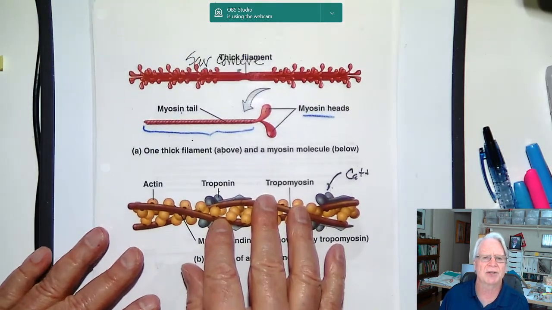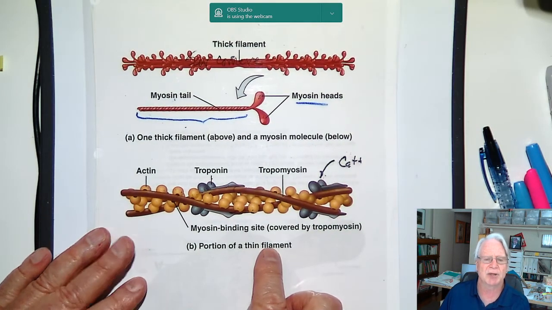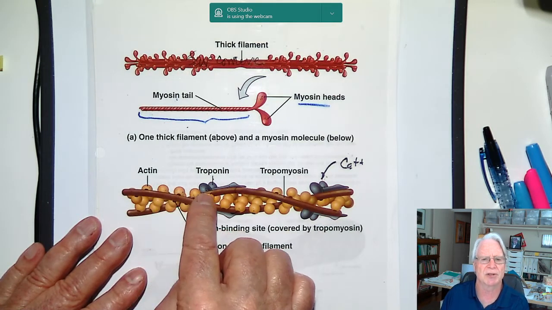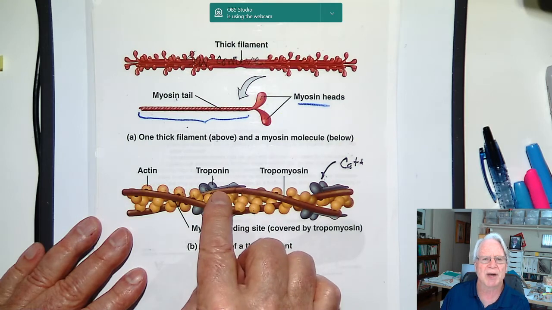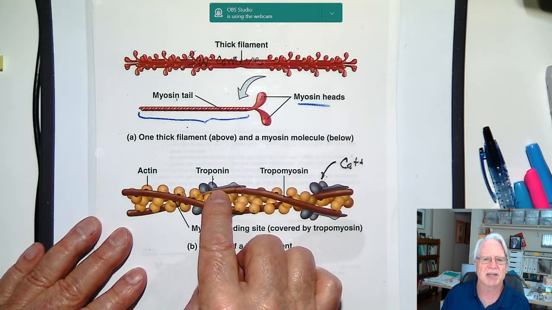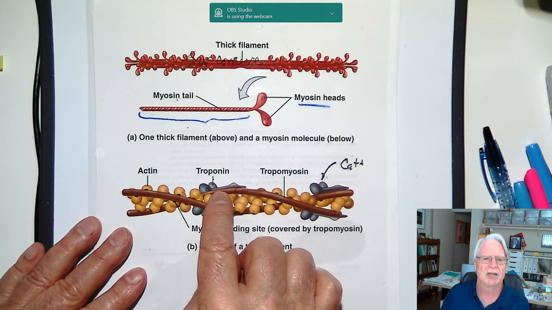The other filament that we talked about is the thin filament. This is composed of three different proteins: actin, which is this globular protein; tropomyosin, which is this long, thin protein; and then spaced along that long filament is the troponin.